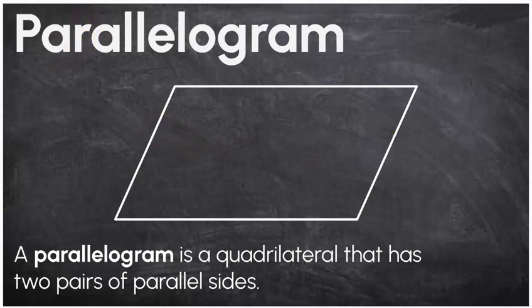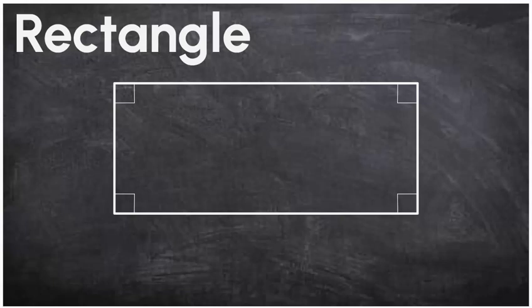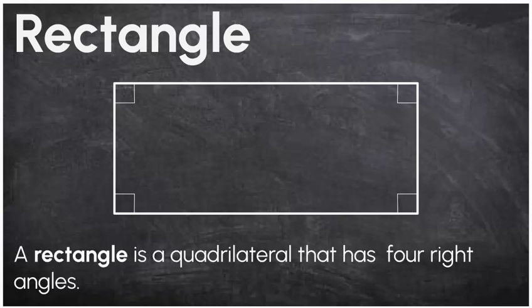It's a parallelogram. Rectangle. What properties does a rectangle have? A rectangle is a quadrilateral that has four right angles. So all four angles are right angles.